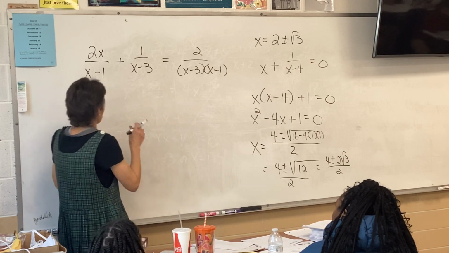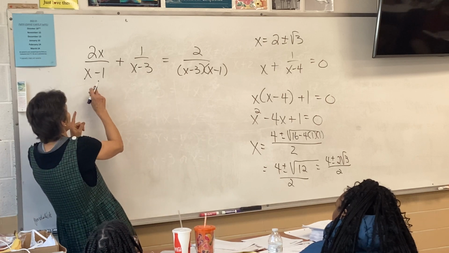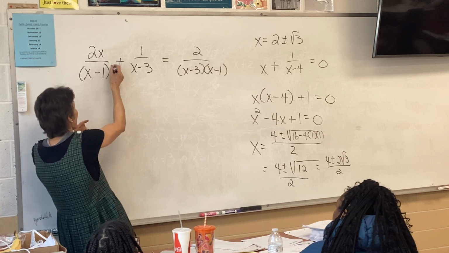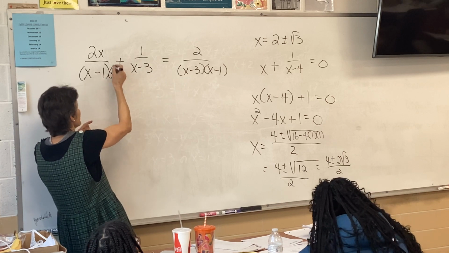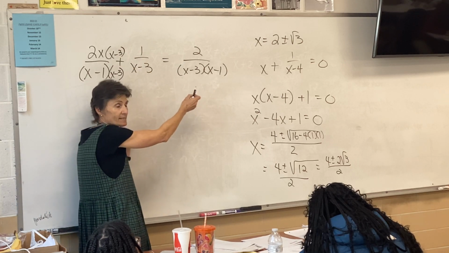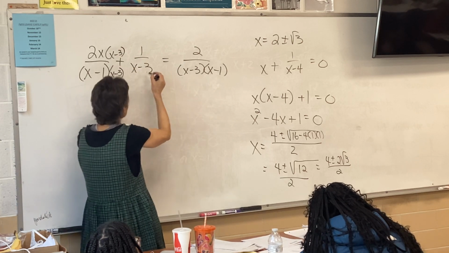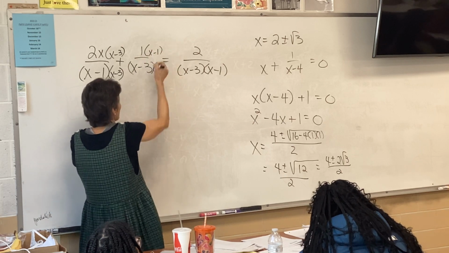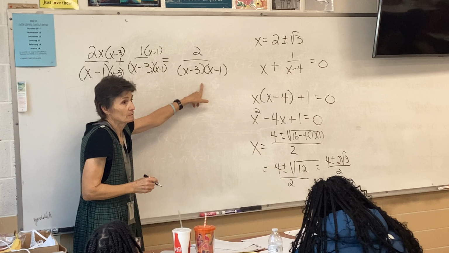Okay, now I got what you mean. So this one would need an x minus 3 if it were going to match this one, is what Jake is saying. This one would need an x minus 1 if it were going to match that one.